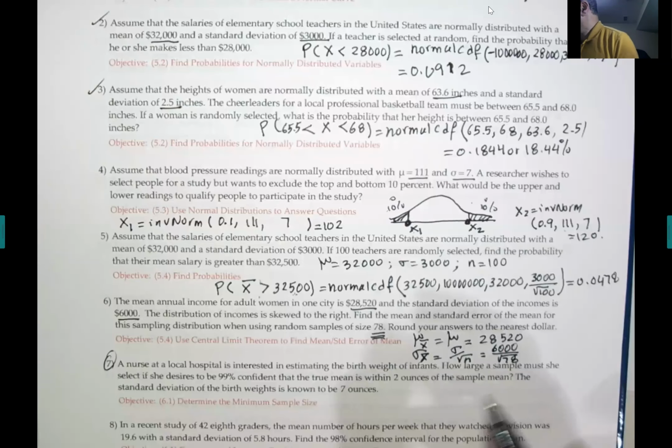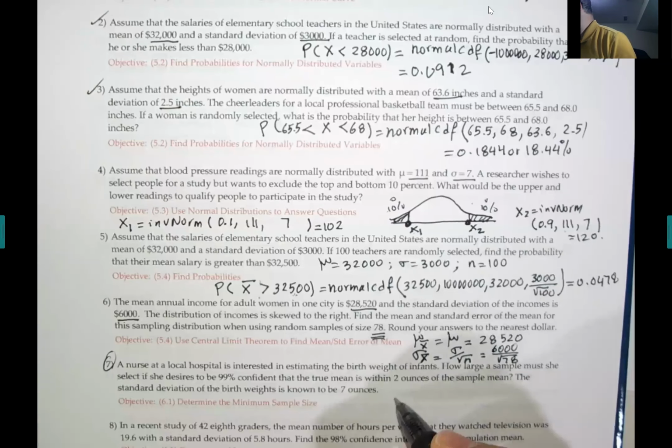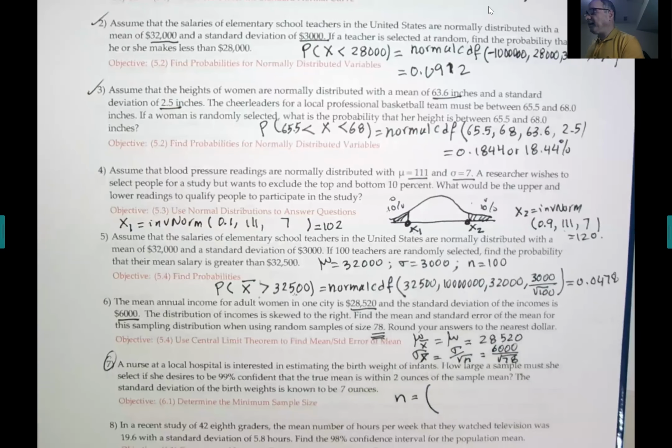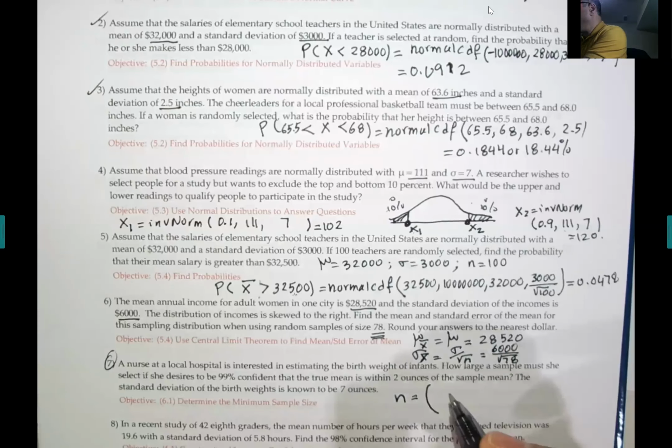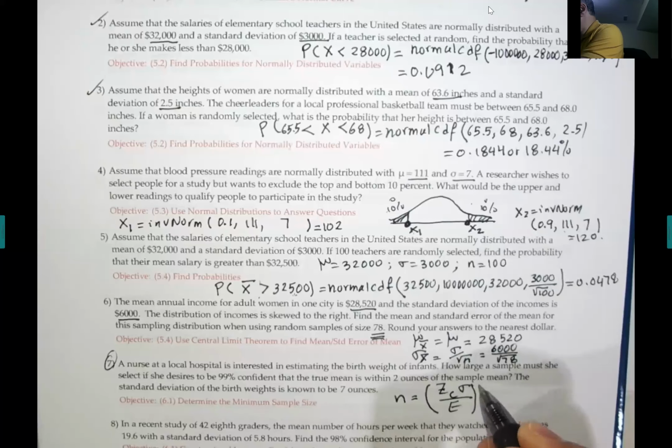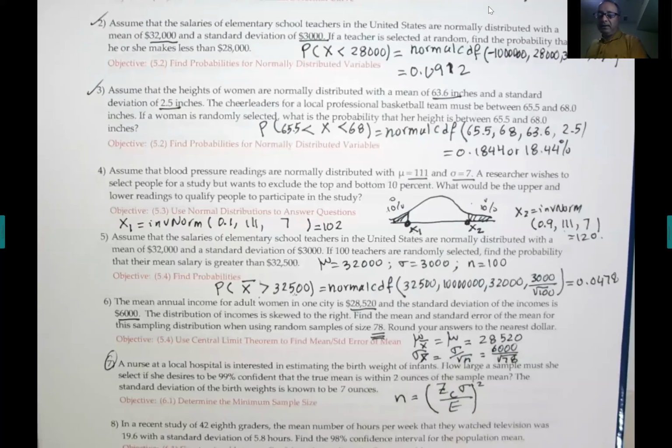Okay, here is the formula, guys. N equals. Formulas will be provided to you, and you can download the formula sheet and have it handy if you like. That's the formula that we're going to be using. Z C times sigma divided by E, squared.